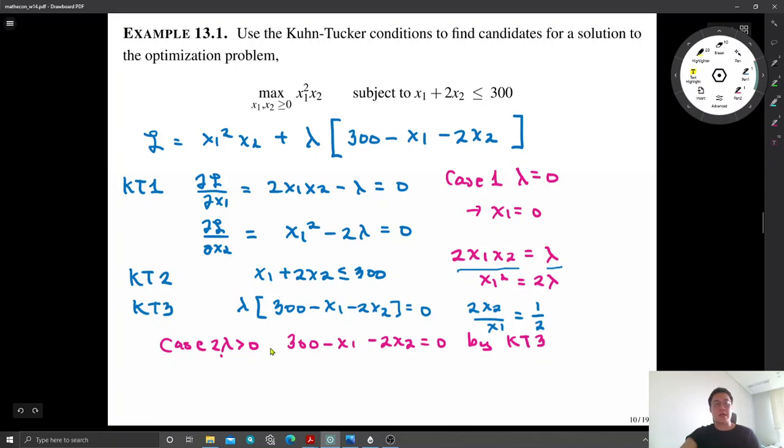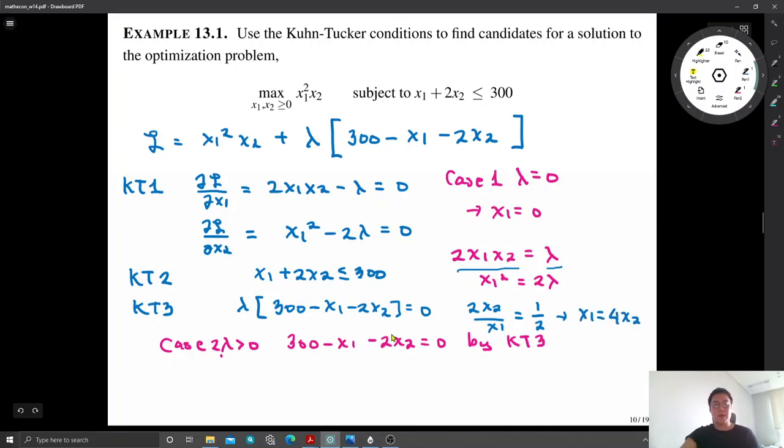But in the second case, where we assume lambda is strictly positive, this is well defined, so this is doable. We can divide the first equation by the second. And from this, we obtain x1 equals 4x2.